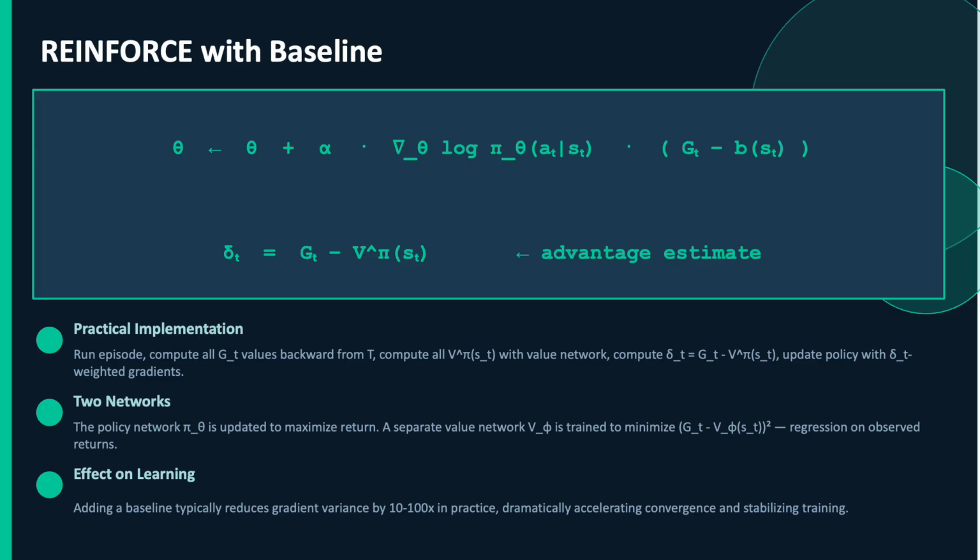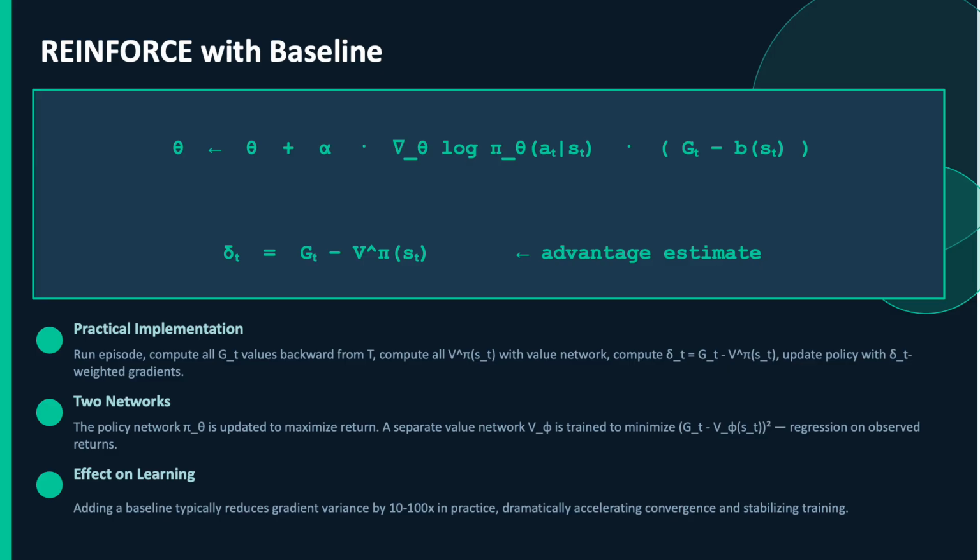In implementation terms, you run an episode and compute the G_t values by working backward through the rewards. Evaluate V_phi of s_t for every state visited.